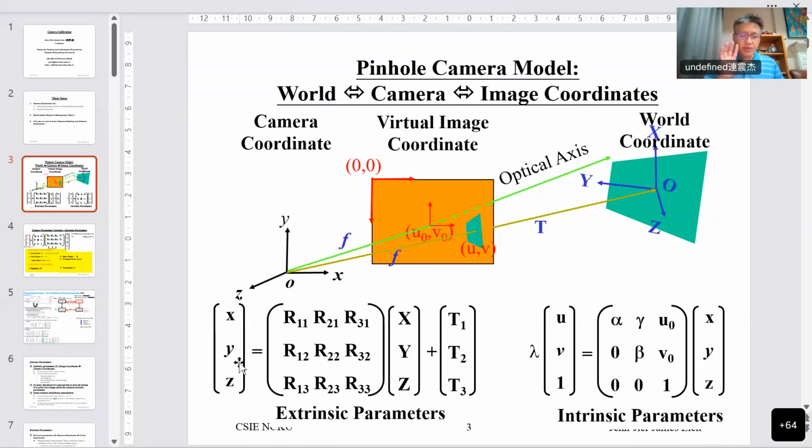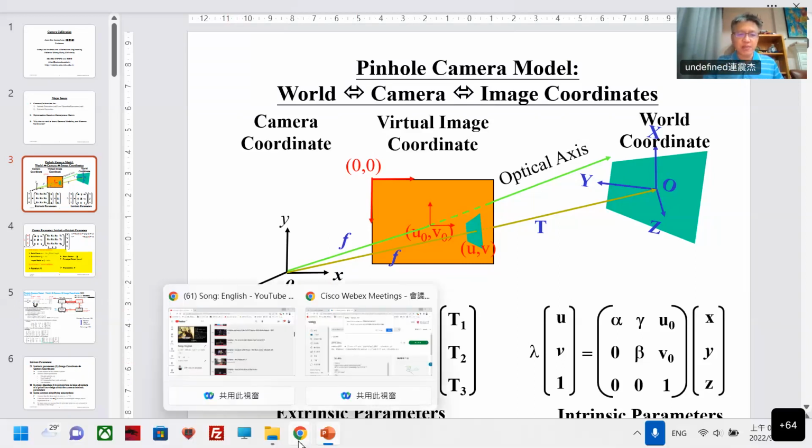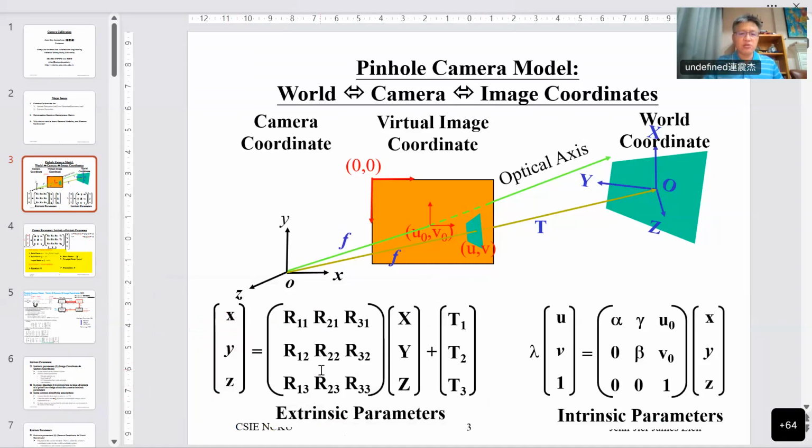So for the affine transform, for the extrinsic parameters, we have a rotation and translation. You have two coordinates to rotate and translate, because there is a plus here. Plus means they are independent. The rotation and translation are orthonormal, orthogonal, which means they don't have a relationship.